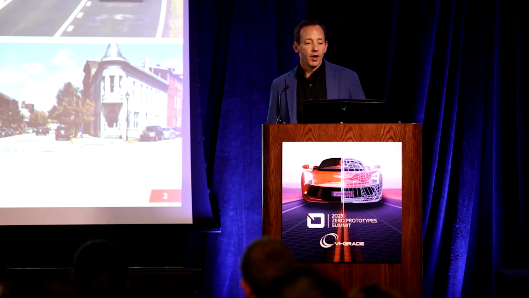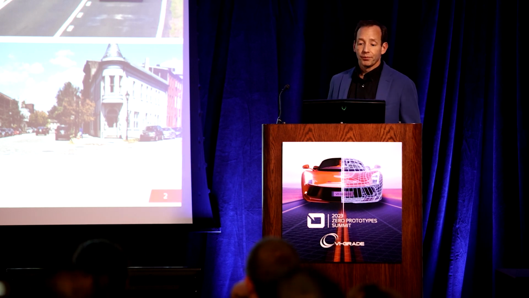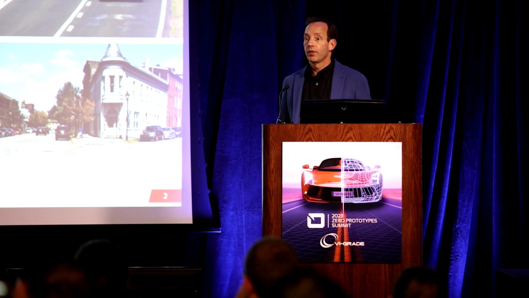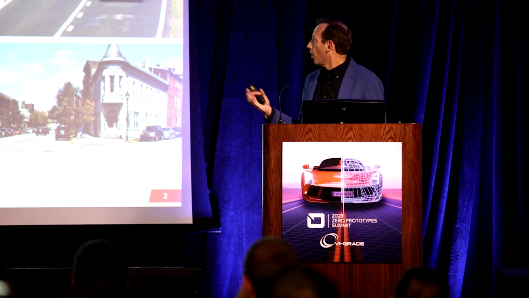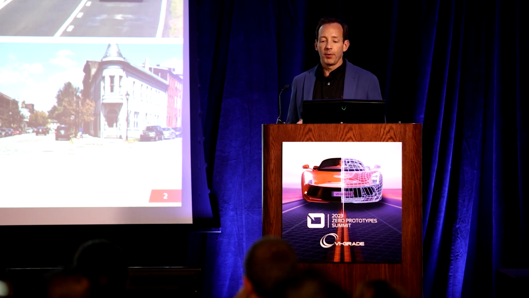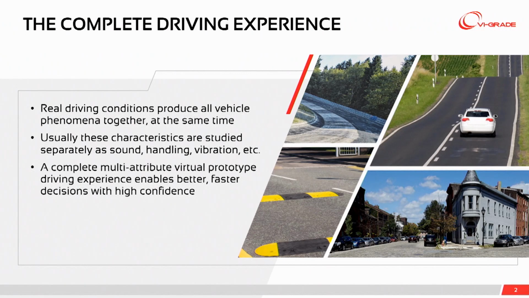All right, so today we're going to talk about experimental simulation and especially multi-attribute simulation. When you drive your car, you excite different frequencies and experience motion and vibration and sound all at the same time. Usually these characteristics are studied and engineered separately. Development activities are carried out separately on separate prototypes or separate CAE models.